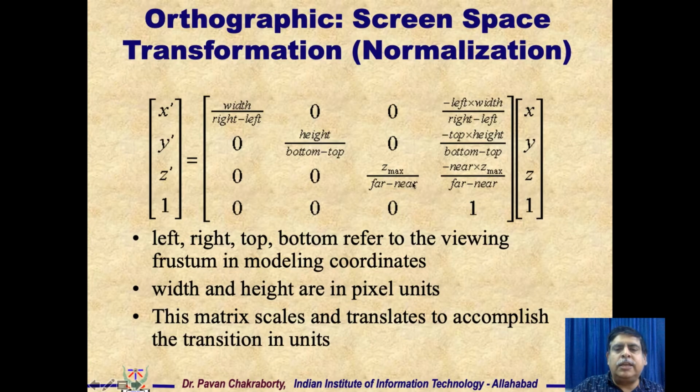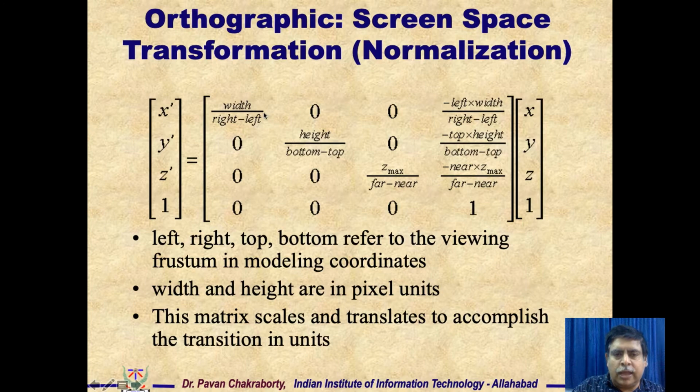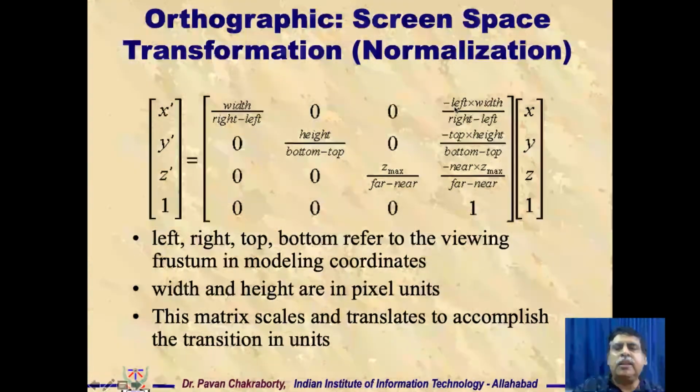We could take the amount to be the same to have an isotropic scaling. Otherwise, the scaling can be anisotropic also. But since my origin is not the origin of my world, there has to be a translation. The translation is given here.